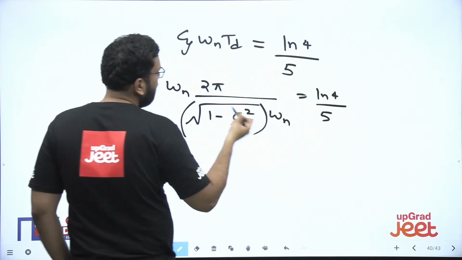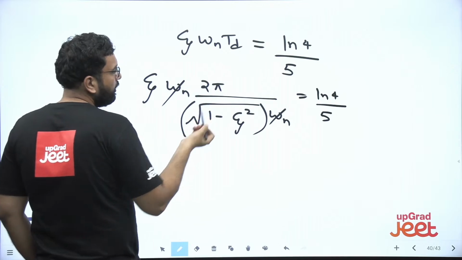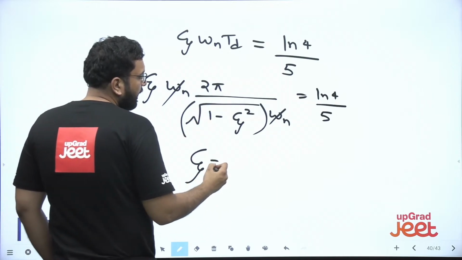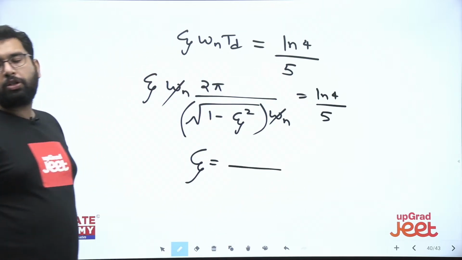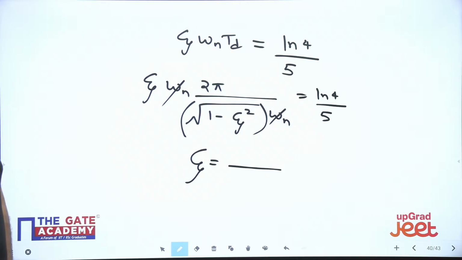So from here, omega n will be cancelled out, and you are left with only 1 variable, that is zeta. So you can find your zeta from here. Can you find it? Yes or no? I think yes, sir. Whatever it is coming out to be, you can keep it with you.